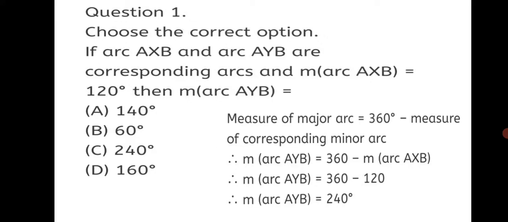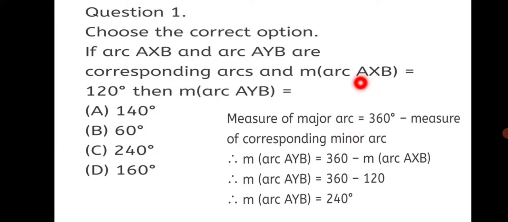This is another formula which you have to keep in mind, that measure of major arc is equal to 360 minus measure of corresponding minor arc. So which is the major arc? Arc AYB, which we have to find out. So major arc AYB is equal to 360 minus, which is the minor arc?